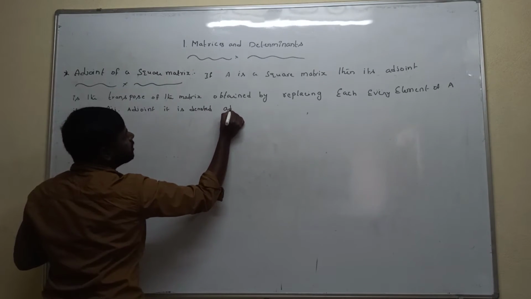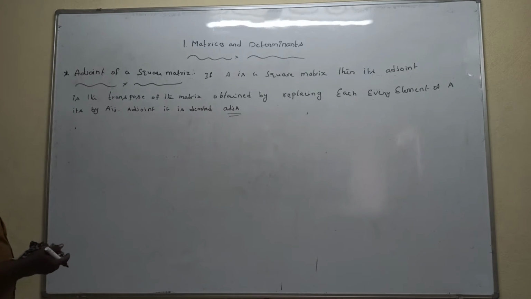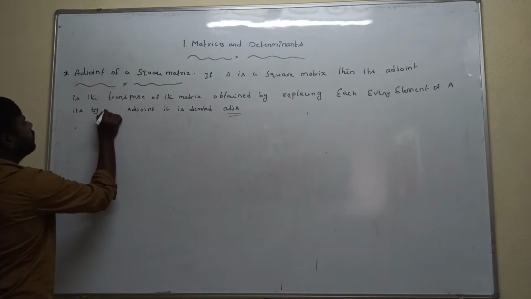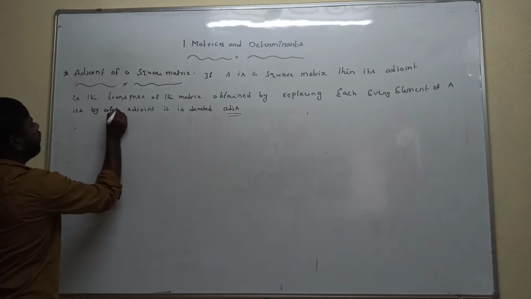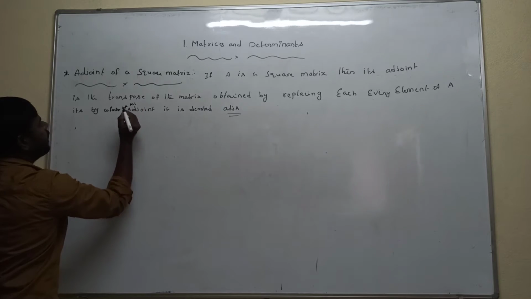the shortcut name adj A. So the adjoint is denoted by adj A. So each and every element of A is replaced by its cofactor of Aij.